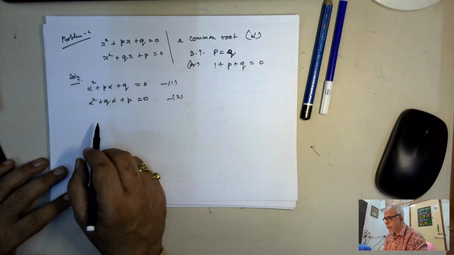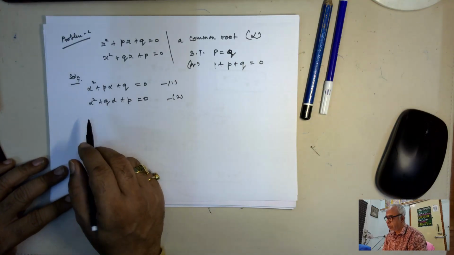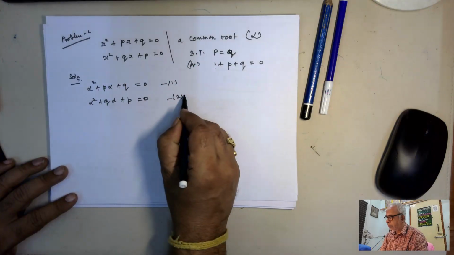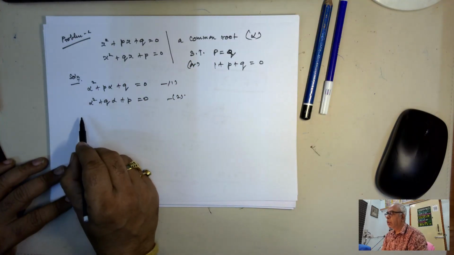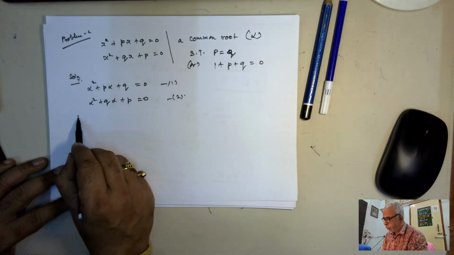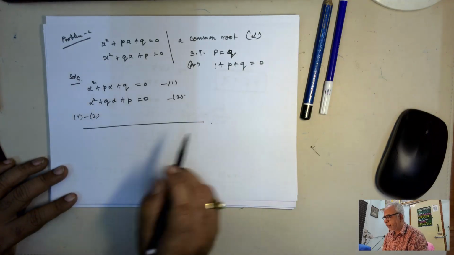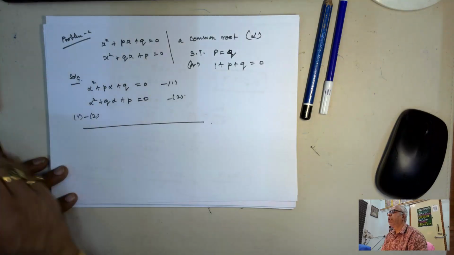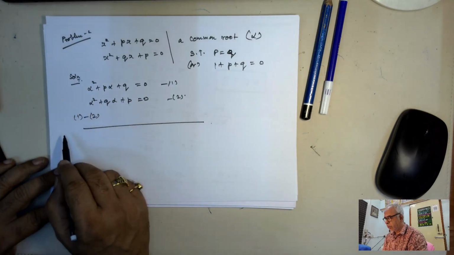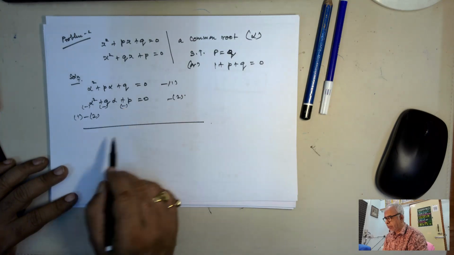Our objective is to find out alpha. So subtract equation 2 from equation 1, so that you can eliminate the alpha squared.